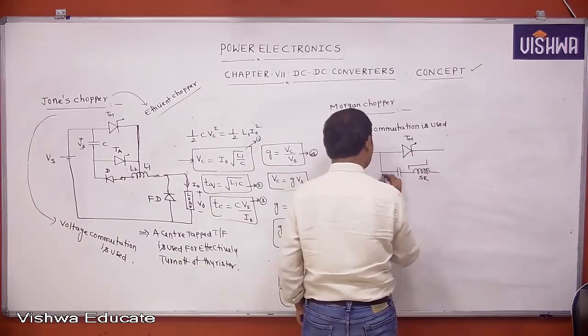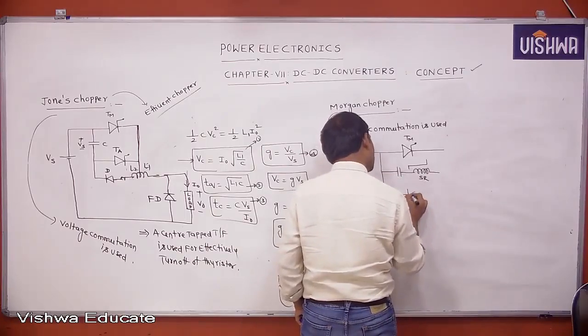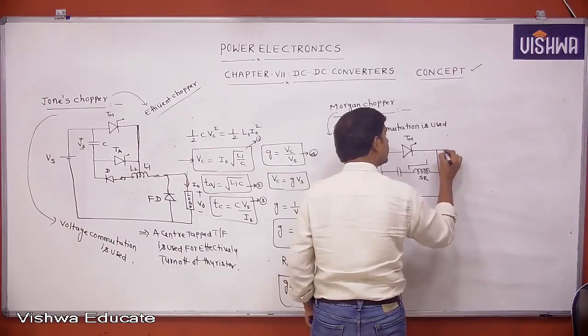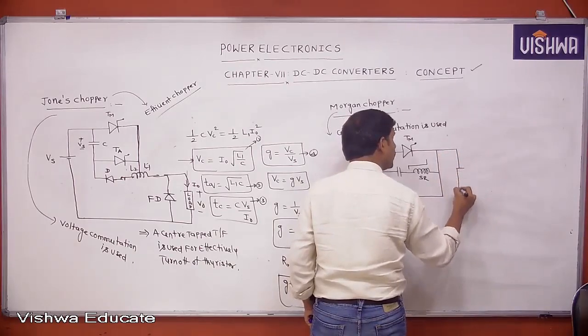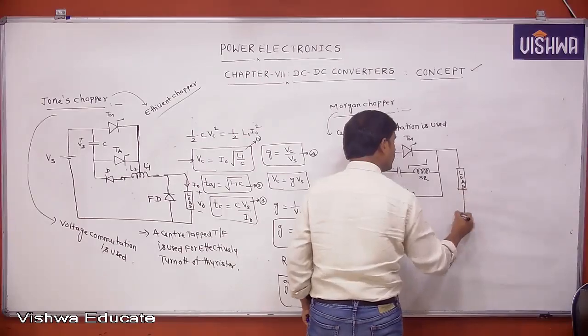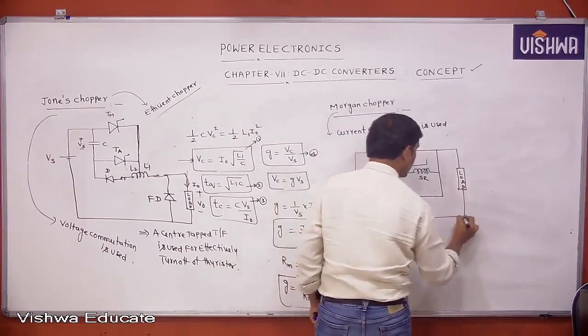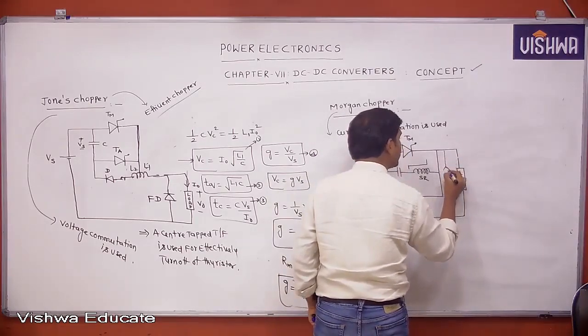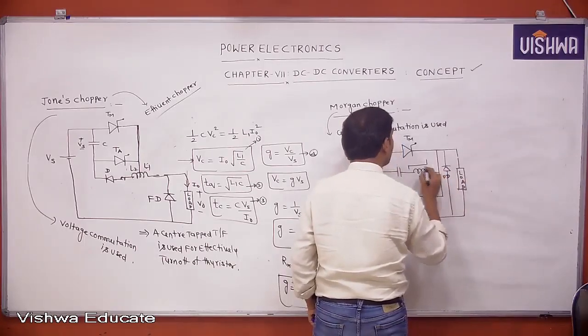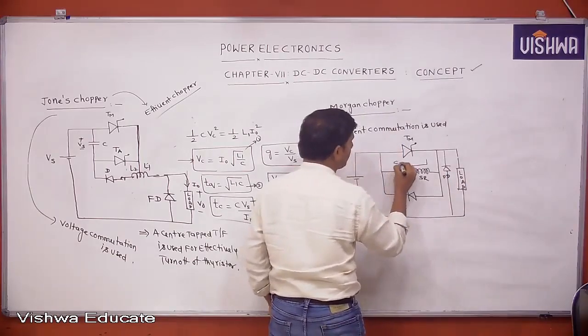And it also consists of one diode. And this is the load. And the freewheeling diode is connected here. This is the main thyristor, this is the capacitor.